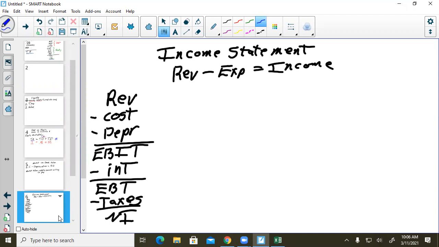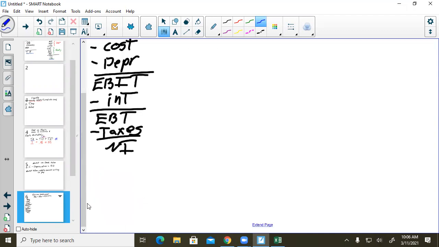Now remember, we said money only comes from two places. What are they? Debt and equity. Net income only goes two places. Any ideas? One is dividends. Anybody know what the other one is? Retained earnings. Okay.